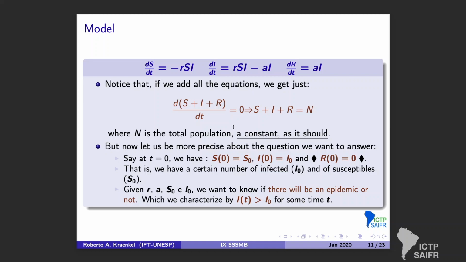So we want to know if the time derivative of the number of infected at time 0 is positive. If it's positive, it means that you will have an increase in the number of infected. Doesn't mean that it will increase forever, okay? But initially it will increase. So we want to know when this happens.